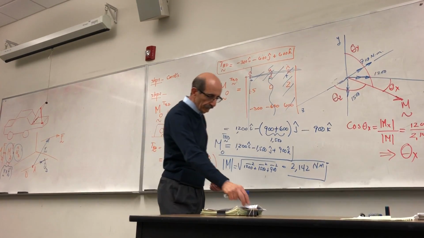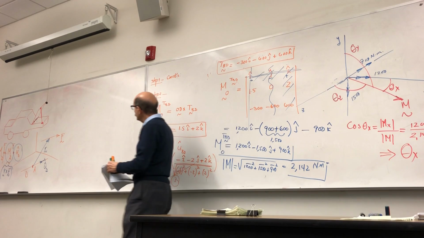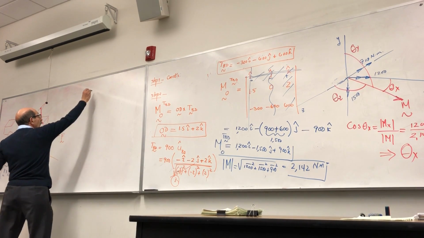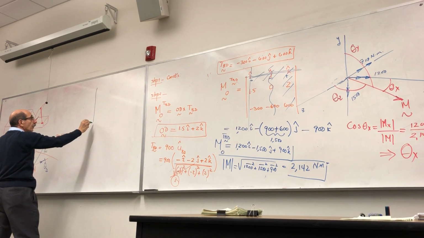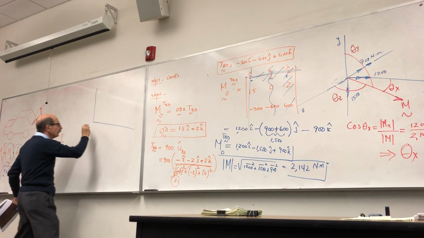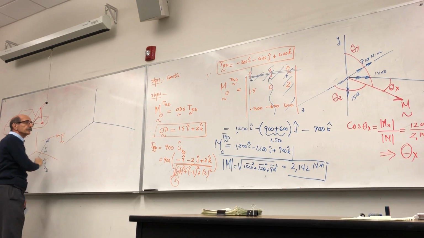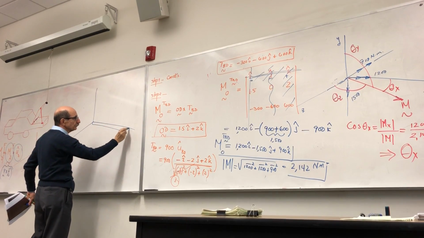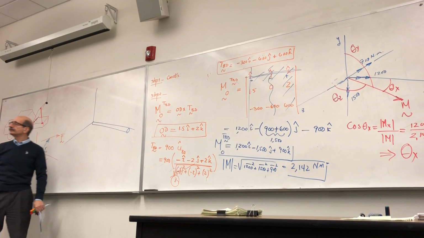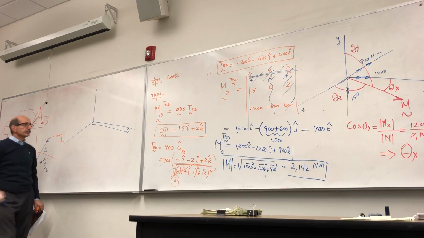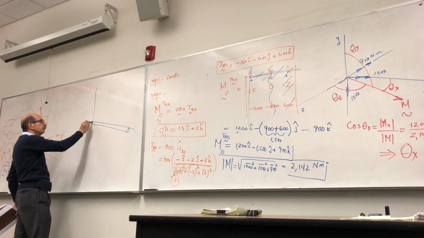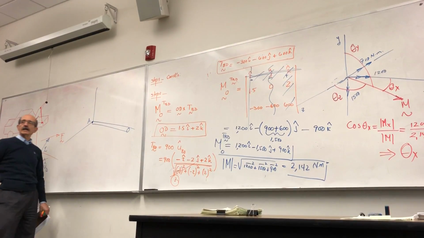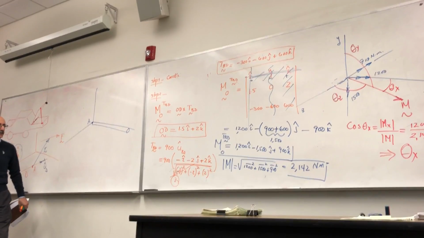Let's say you have a rod here or something that is connected to this point A through some maybe hinge.